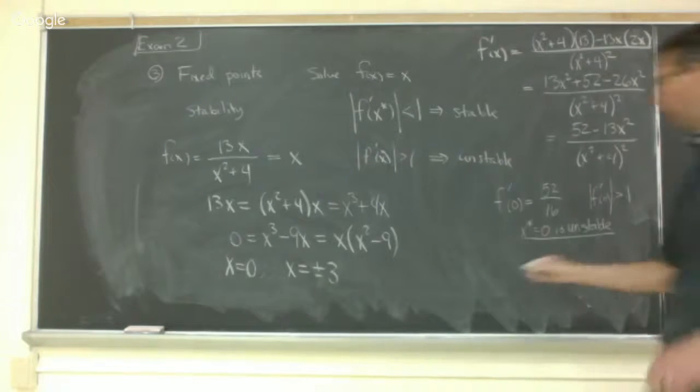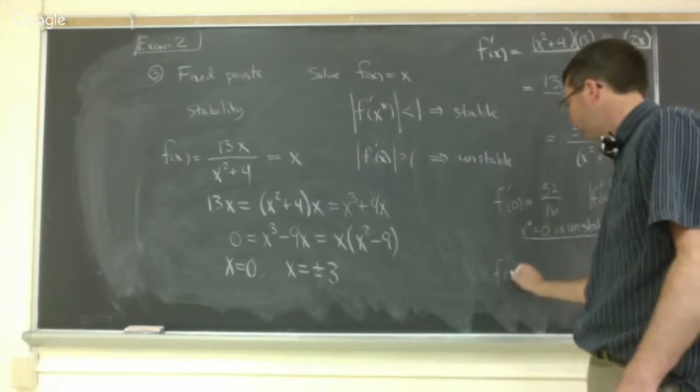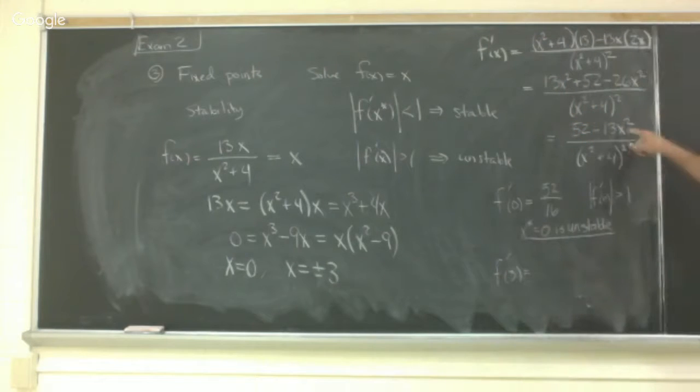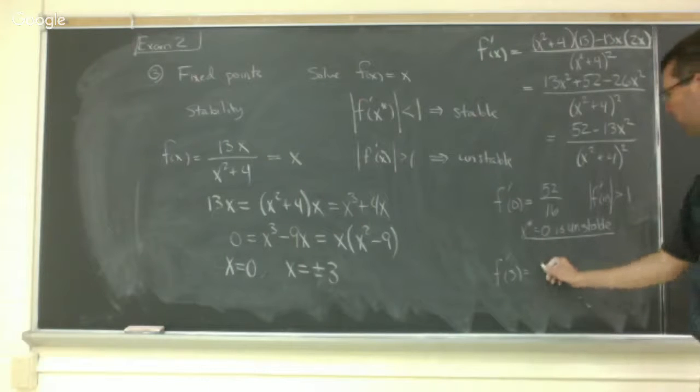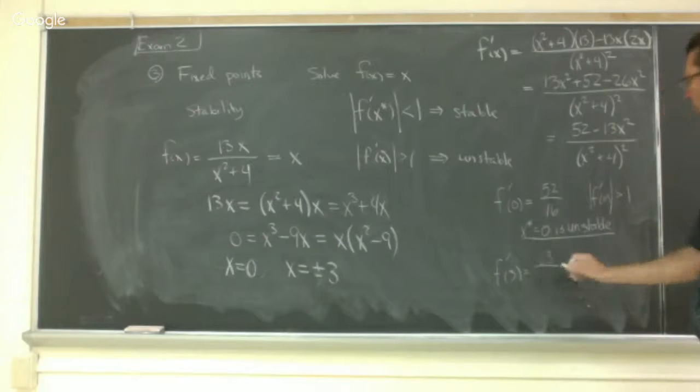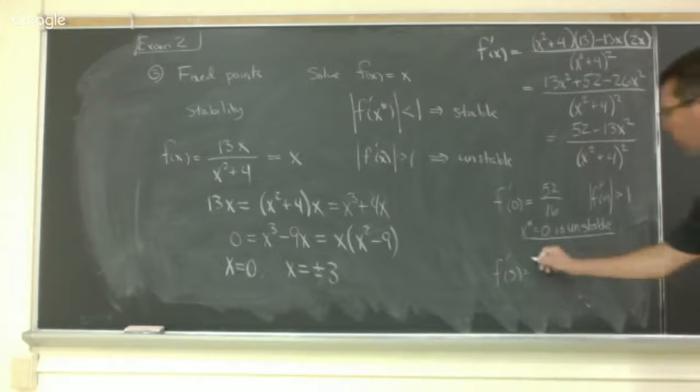If I plug in 3, I get, let's see, 3 squared is 9, 13 times 9, 117. Then 52 minus 117 is negative 65, over 13 squared, 169.